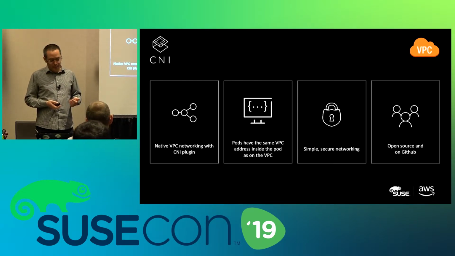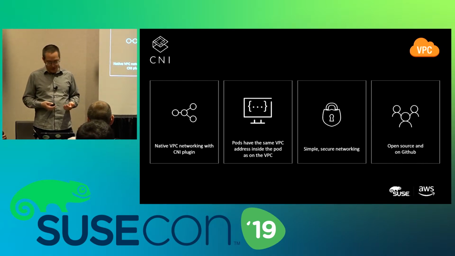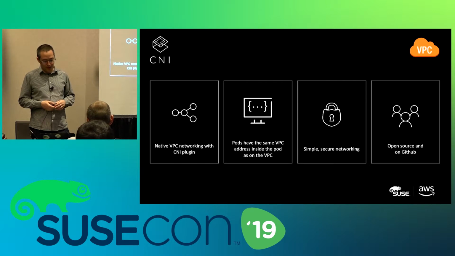And we felt, why add another layer on top of that when we have all of these great controls that customers are already used to using? A couple of the things that guided the creation of this plugin was that we wanted high throughput and availability, low latency, and minimal jitter.